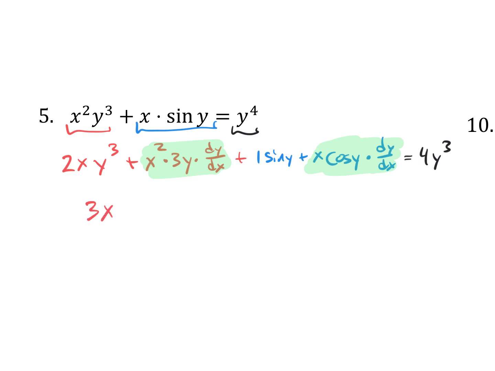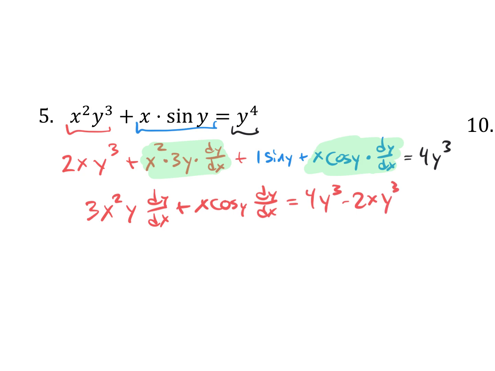We have 3x squared y dy dx plus x cosine y dy dx. And all the other stuff goes to the other side. 4y cubed minus 2xy cubed minus sine y. Whole bunch of junk over there.